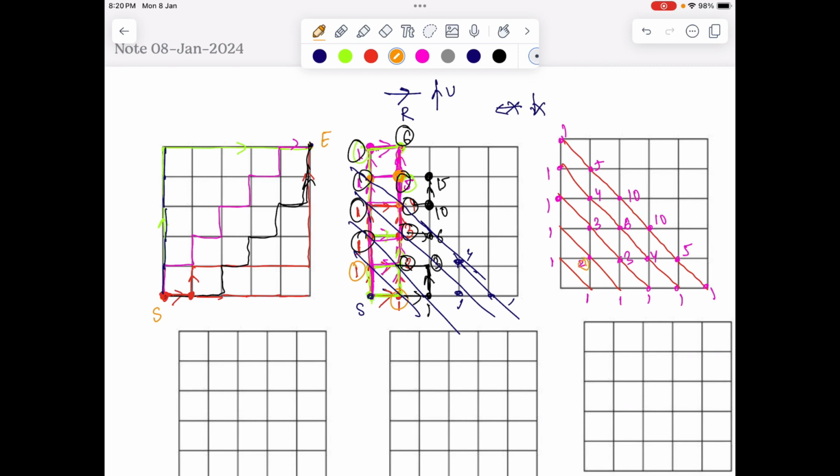And you can clearly see these coefficients appear as if they are the expansion of x plus y whole square, that is x square, 2xy, y square. x plus y whole cube will have coefficients x cube, which is 1, and 3x square y, 3xy square, and 1.